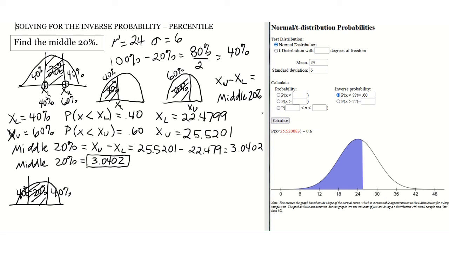So because we're solving for a middle value, and we've got upper and lower percentage values, what we can do is solve for the lower 40% and then solve for the upper 40%. So for the lower value, we're going to solve it exactly like we did before.